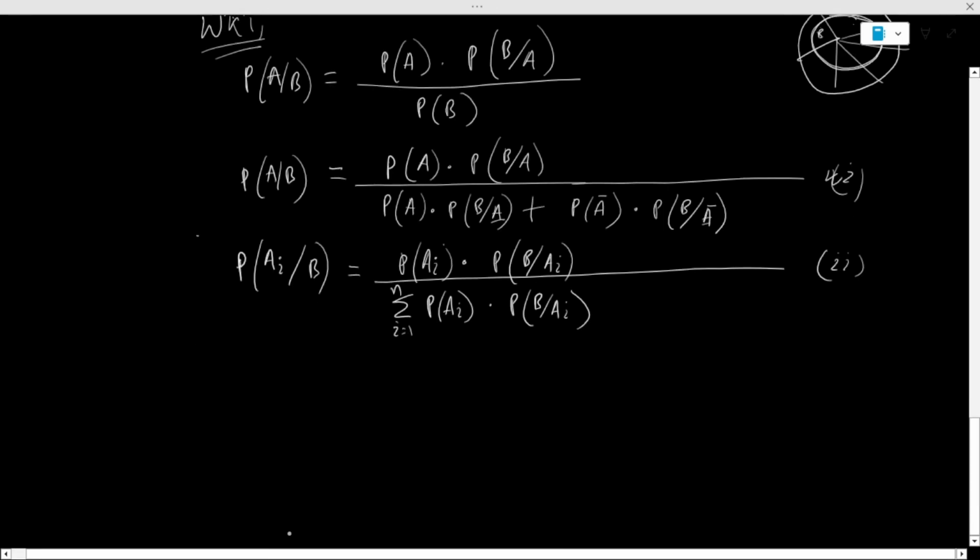Let us expand this formula. If n is equal to 3, how do we calculate it?